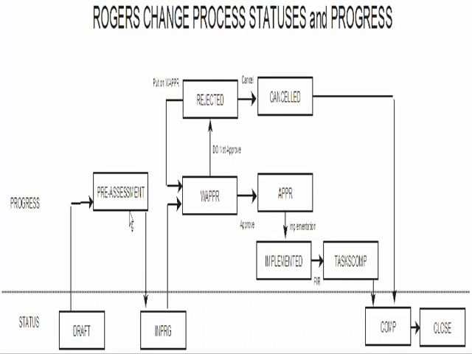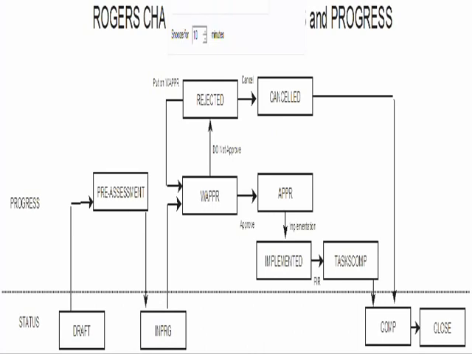The first thing that happens is that the person doing the assessment will receive an assignment. At this point, the status of the ticket would move to in progress, and the assignment gets sent to the person doing the assessment.